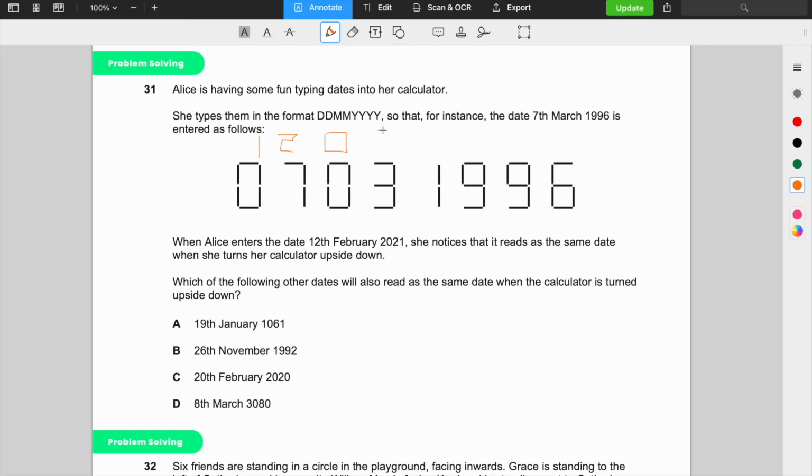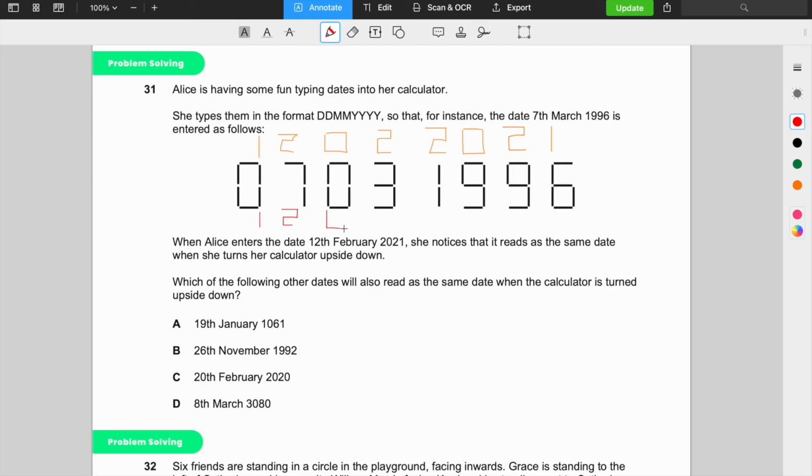And then if you were to turn it upside down, okay, so try to basically reflect this. So if you were to reflect this upside down, I'm just going to use a different color, you'll get 1, and then the 2 reflected upside down will look the same.